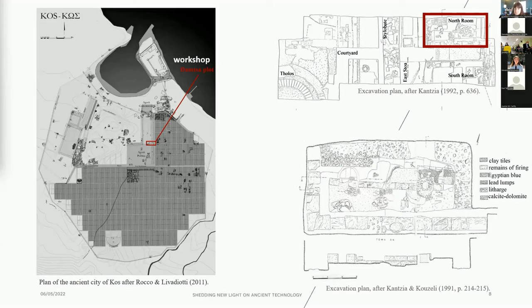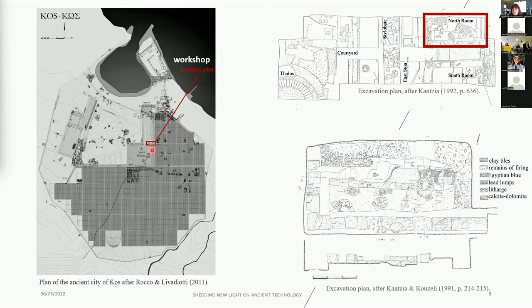The production site of Kos was excavated by the Ephorate of Antiquities of the Dodecanese, the Greek Archaeological Service, and the archaeologist Haris Kantzia in the city of Kos. In the 80s, the excavation period lasted for about 5 years.